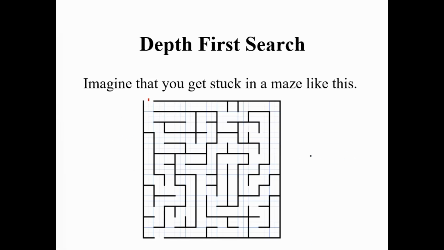Let's look at a basic scenario. Imagine that you get stuck in a maze like this. There might be multiple routes from your starting position, let's say this is your starting position, to the exit. The natural approach to getting out of the maze is to try all the paths that are available. You keep making moves and you keep moving forward, and then you hit a dead end.